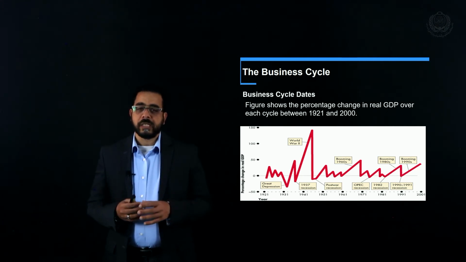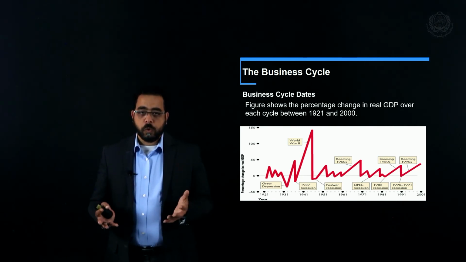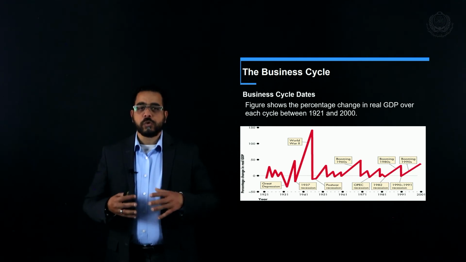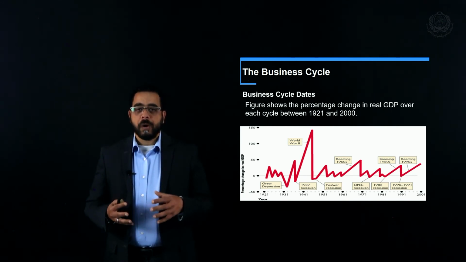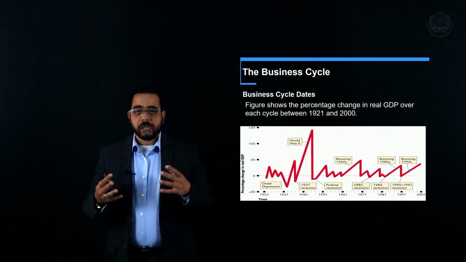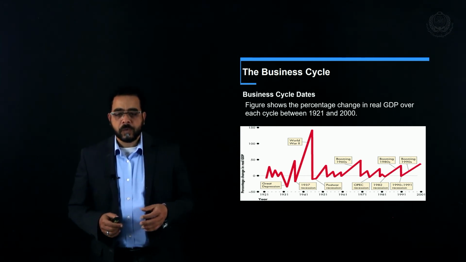There is another point that may attract your attention, what we call the OPEC recession, which happens because of the 1973 October War, and due to the embargo that was levied by the Islamic countries.